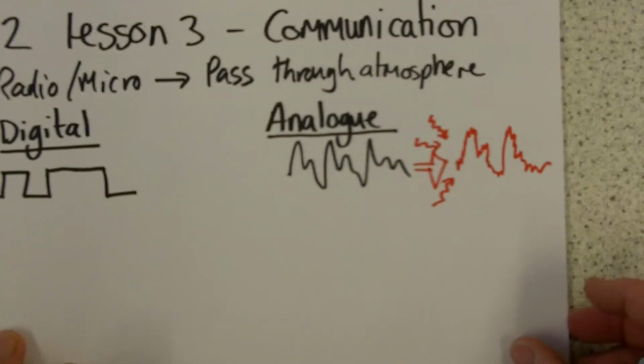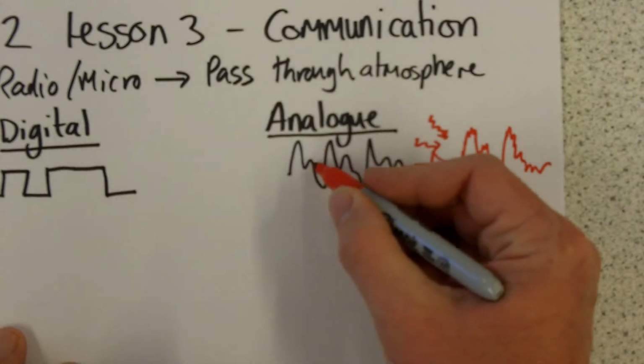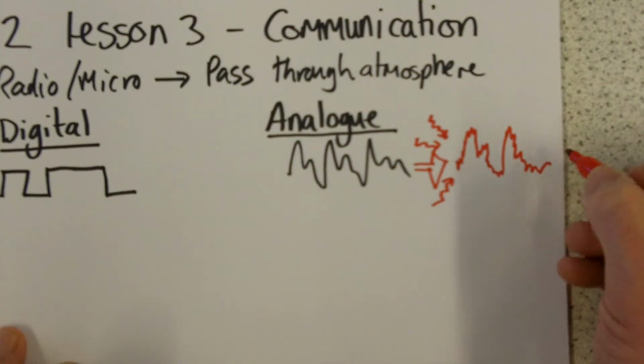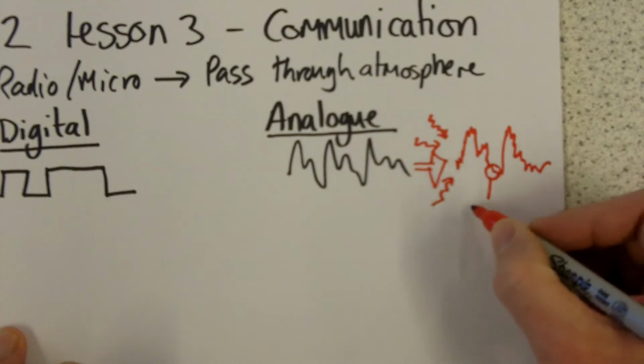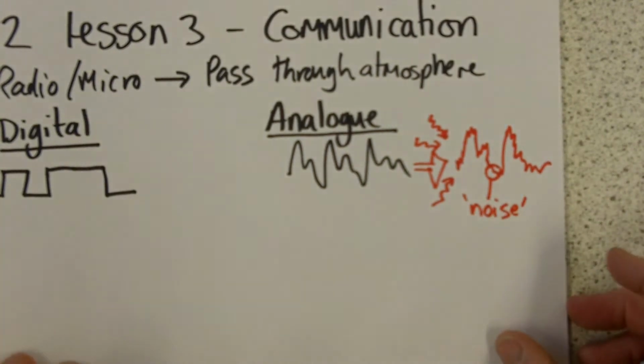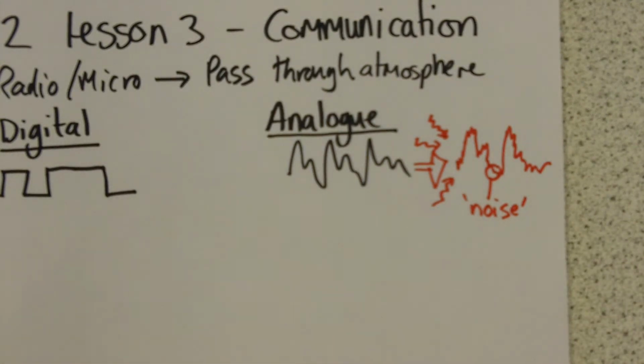I don't know if you can see the difference there. This is a smooth continuous line, whereas this one is the same shape but it's got these extra things on it. Now the problem with that, and we call this stuff noise, is that it interferes with the quality of the signal. The difficult part is getting rid of the noise.